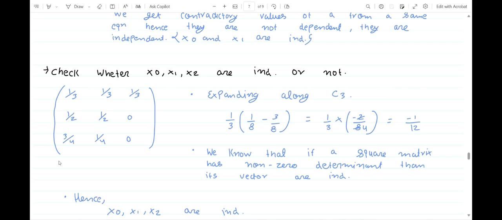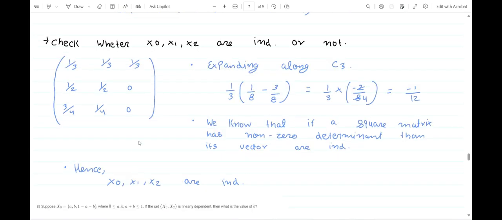So we need to do only one calculation after solving its determinant, which is basically 1/3 multiplied by (1/8 minus 3/8). What we will get is basically 1/12, and we know that if a square matrix has a non-zero determinant, then its vectors are independent, so x naught, x1, and x2 are independent.